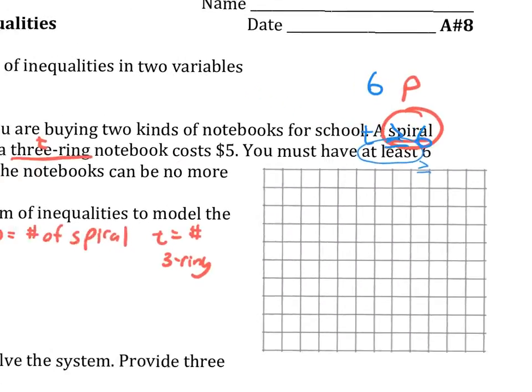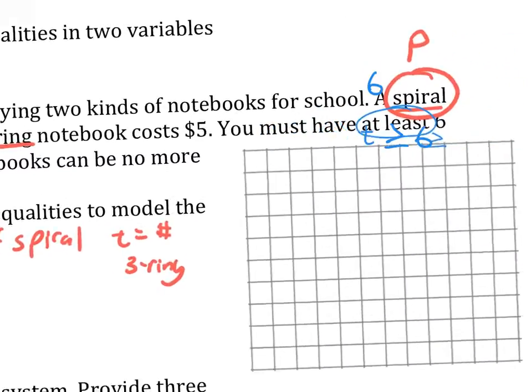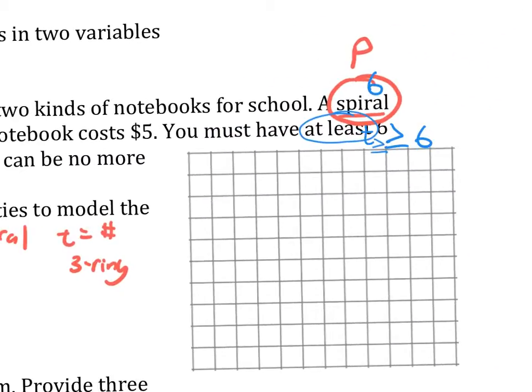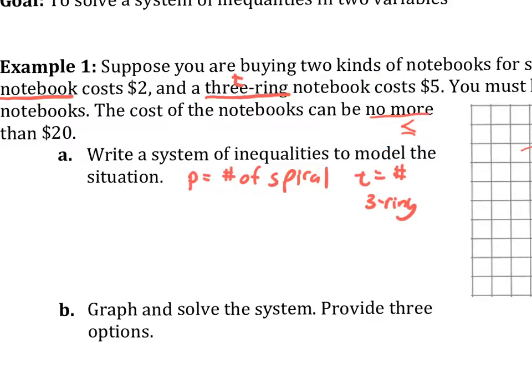Okay, so that means, quickly speaking here, no more than is going to be less than or equal to. That's the total. My total budget is going to be $20 or less. So let's finish this up. When I take the P and add it to the T, I'm going to have at least 6 total.